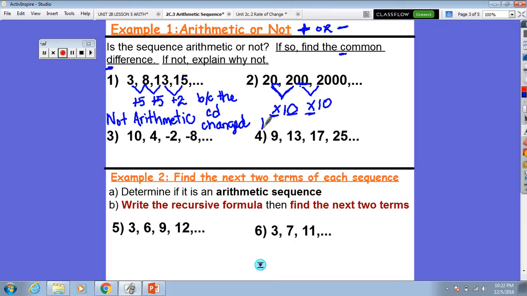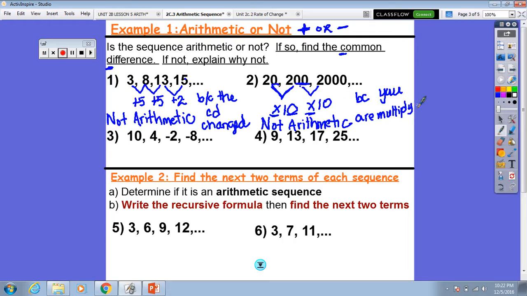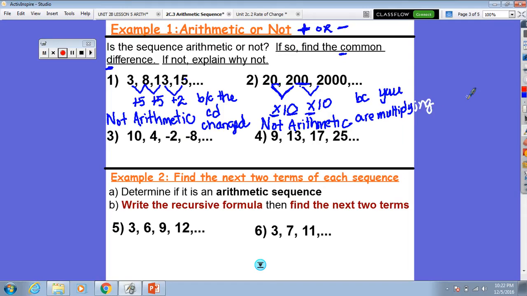So I would put not arithmetic. And it said to explain why or why not. So because you are multiplying.